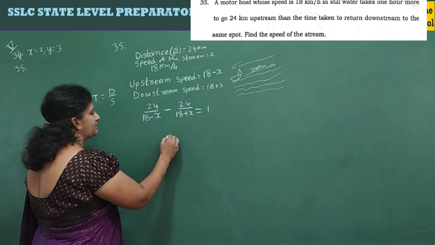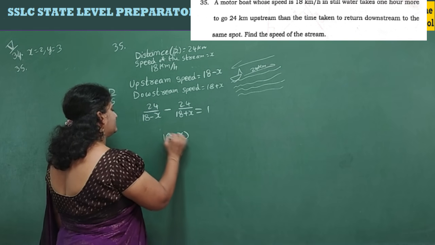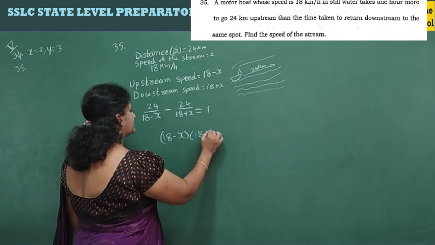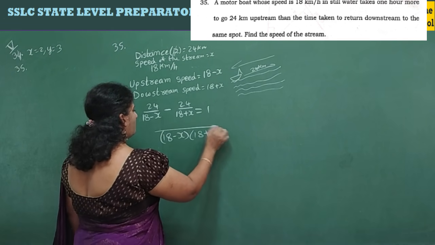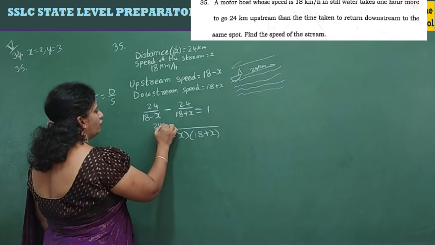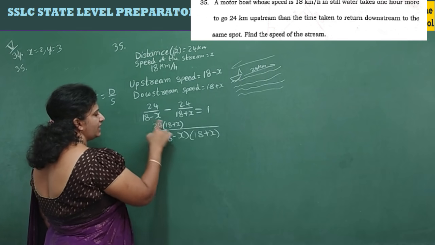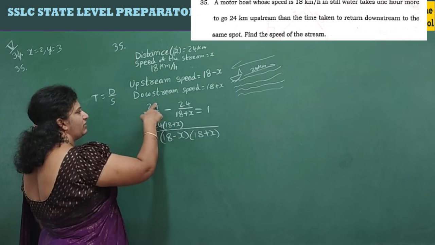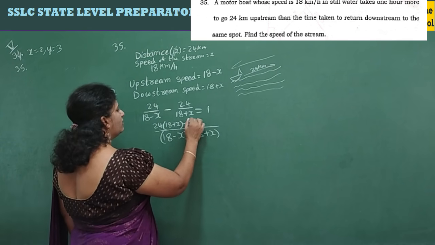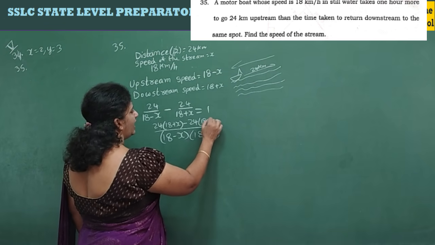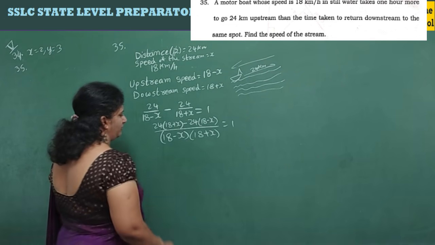Now do LCM here. 18 minus x into 18 plus x by 24 into 18 plus x, multiply, because 18 minus x is already there, so multiply this here and this one here, minus 24 into 18 minus x is equal to 1.